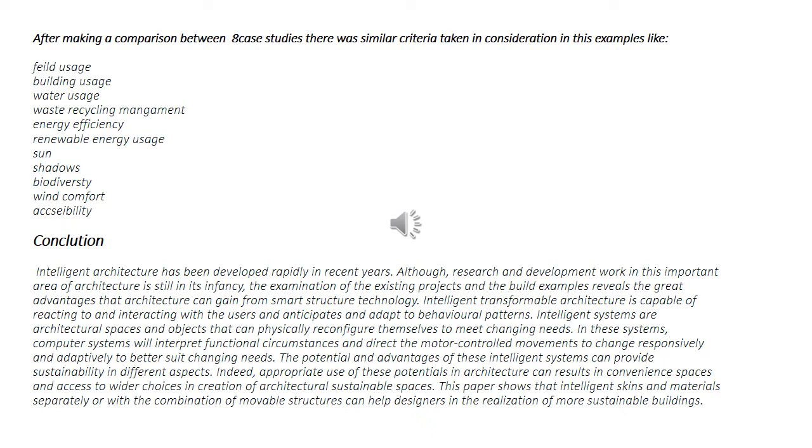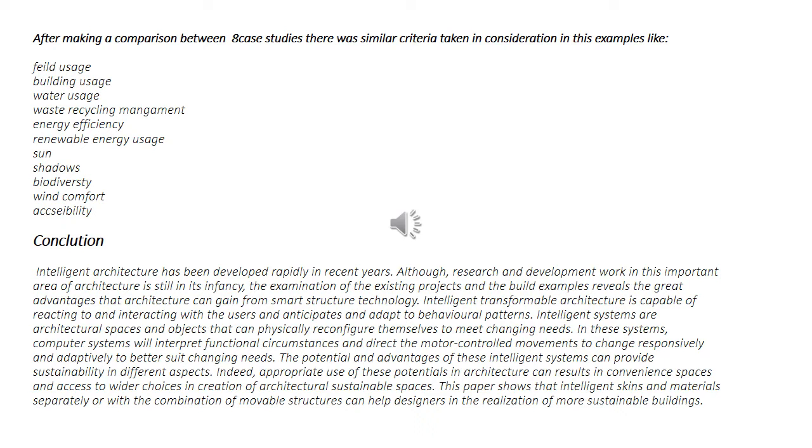After making a comparison between 8 case studies, there were similar criteria taken into consideration in the examples, like field usage, building usage, water usage, water recycling management, energy efficiency, renewable energy usage, sun, shadows, biodiversity, wind comfort, accessibility. The conclusion after this research and comparison between 8 studies: intelligent architecture has been developed rapidly in recent years.